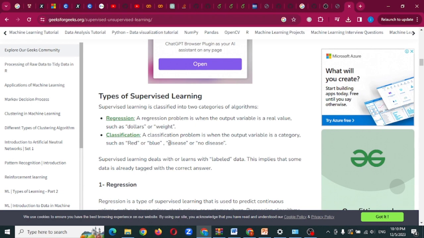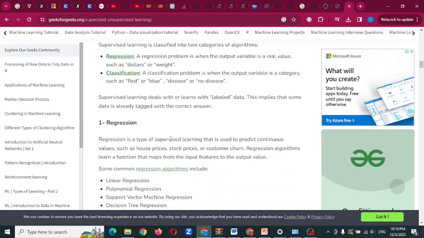If there is another class where we have to classify our data set, then we will go for the multi-class classification algorithm.